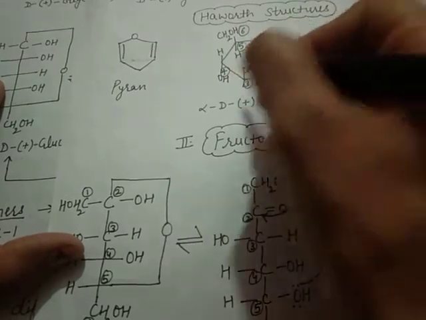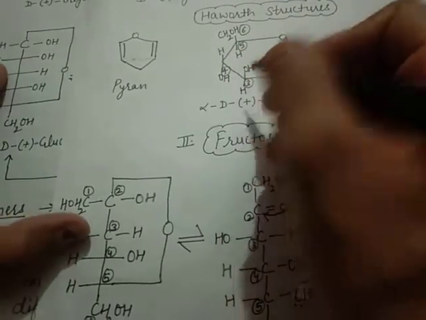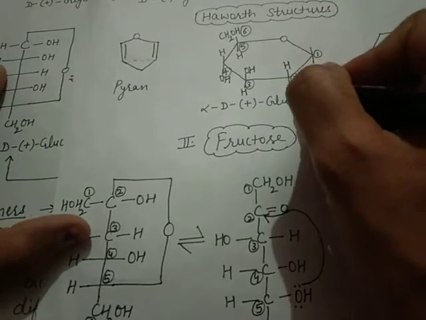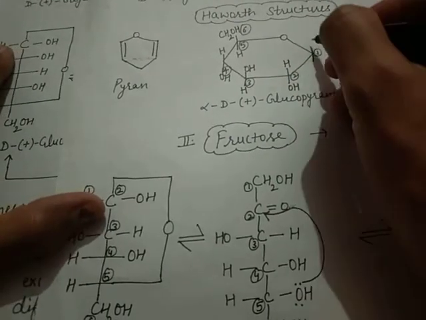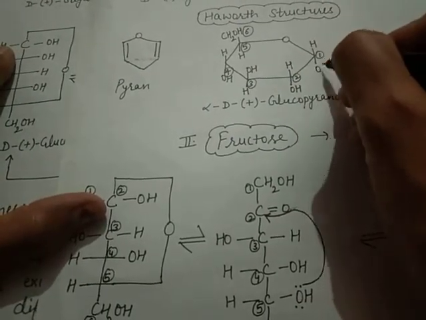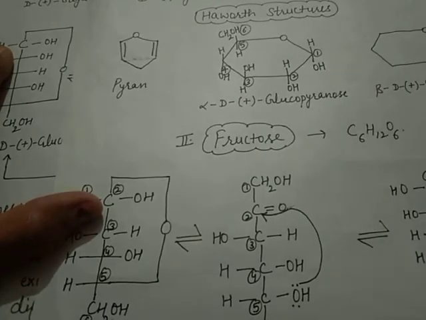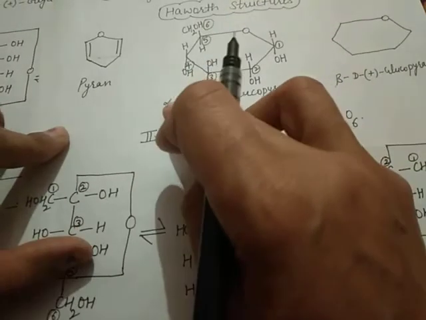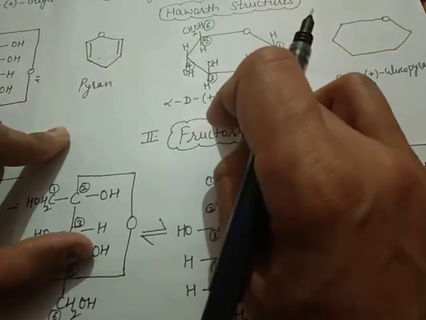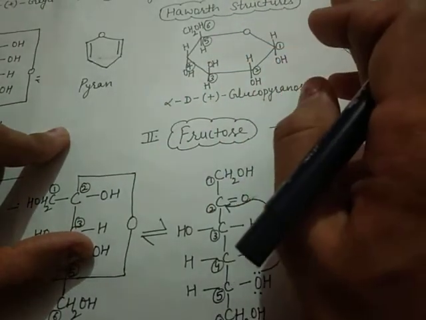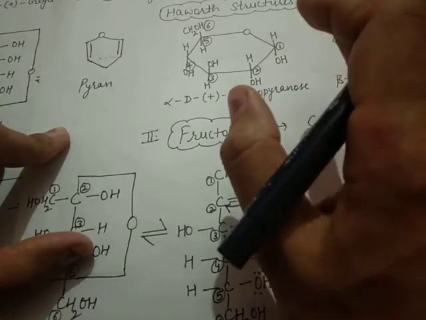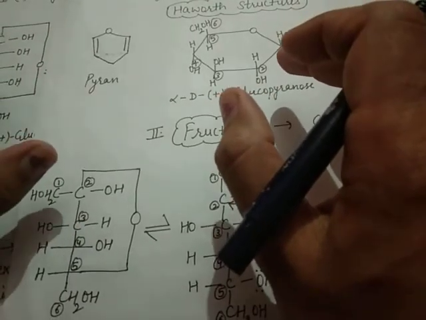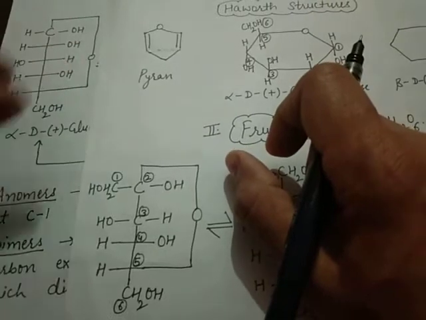OH, H are present. H, OH, H, OH. These are the alpha D plus glucopyranose structure. We can draw it easily with the help of this cyclic structure.